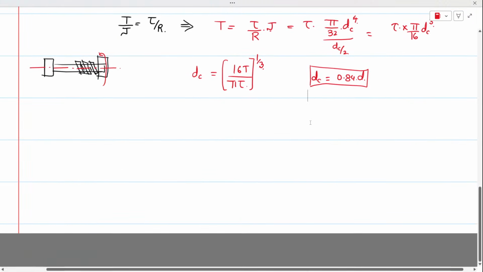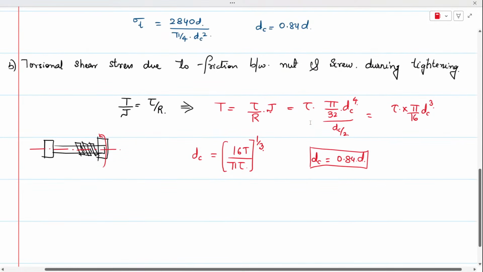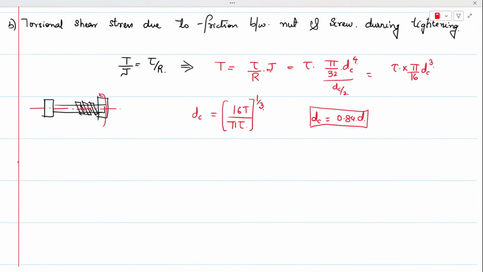Now moving to the next kind of stress that is induced in the bolt, which is bending stress. Bending stress will be induced when, let's take an example, this is the bolt kept in some assembly.